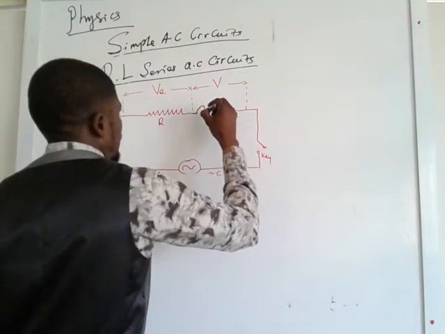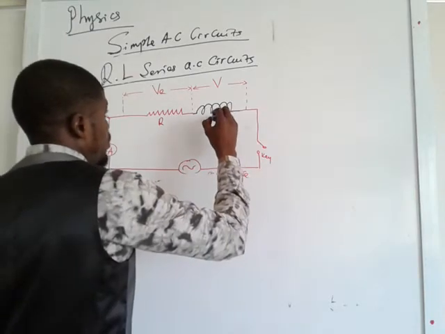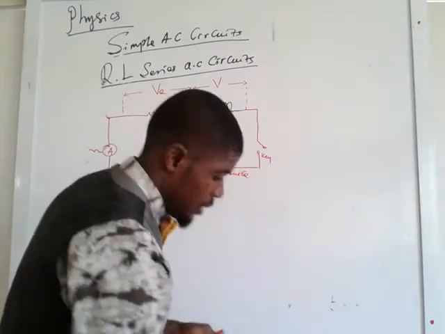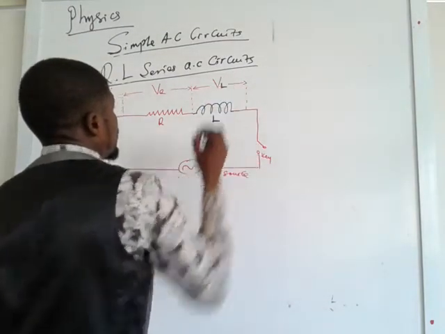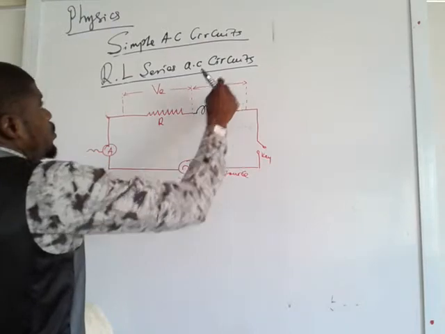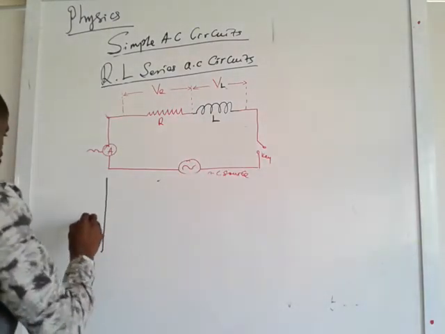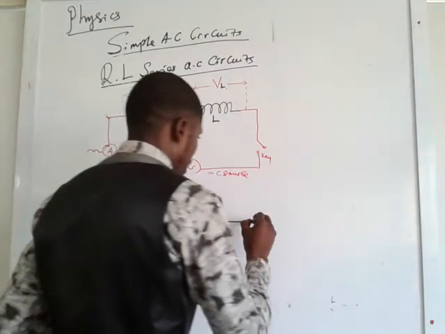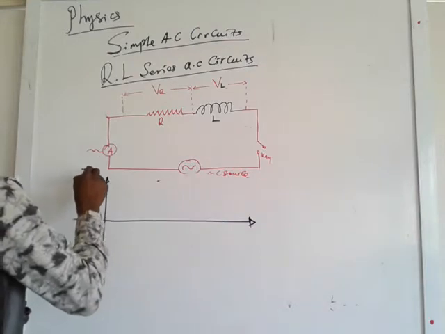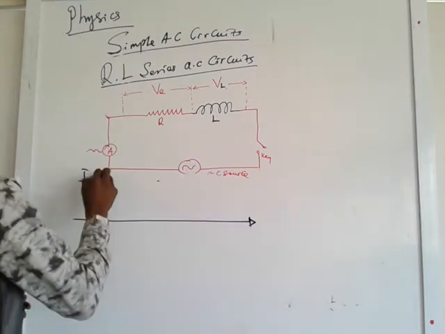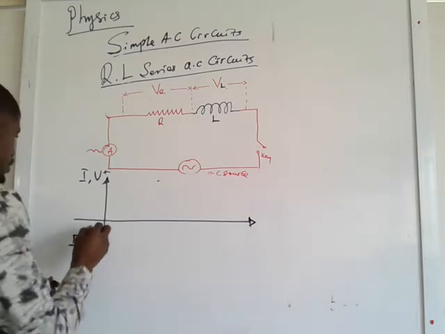This is our inductor with inductance L. Voltage across the inductor. So let's draw our phasor diagram, our sinusoidal waveform again, something like this. Your I, V, positive, I, V, negative, 0.